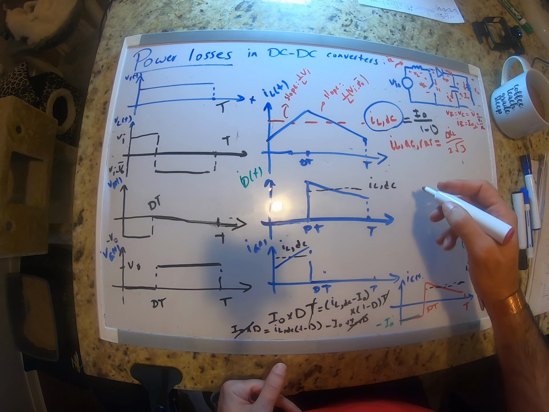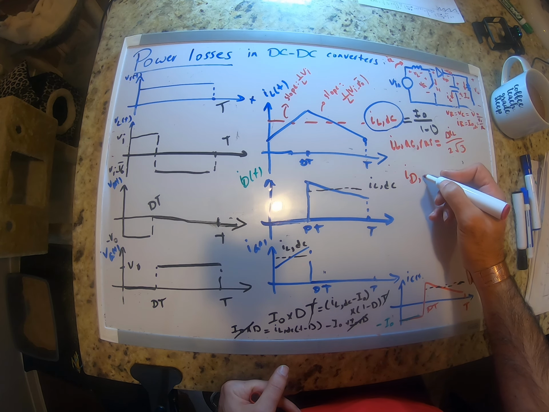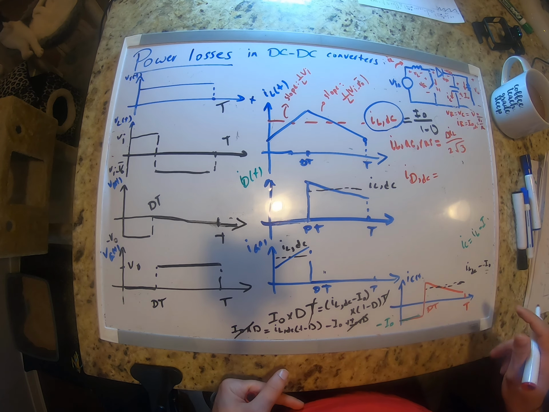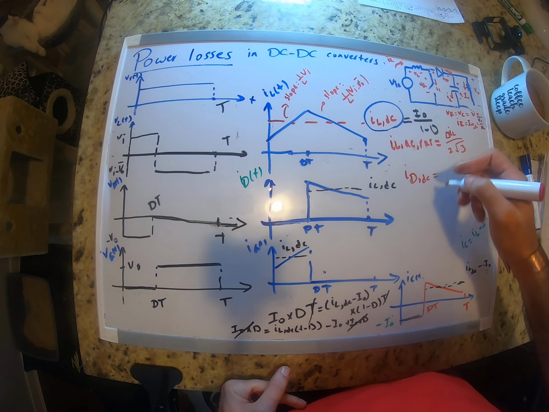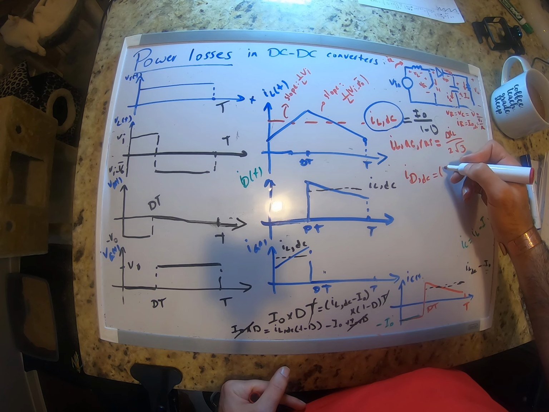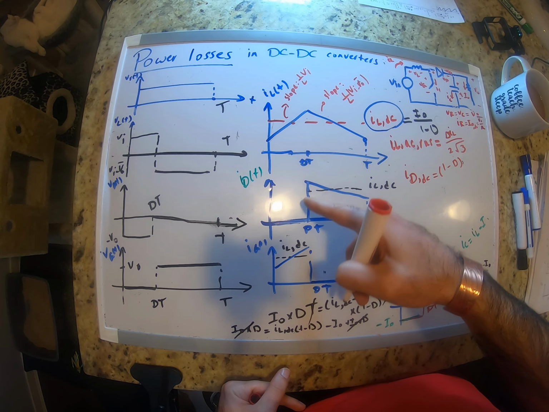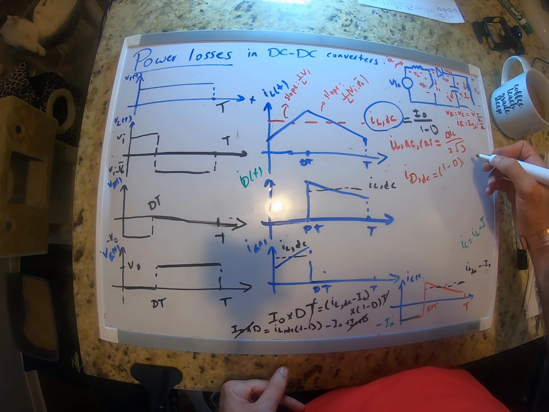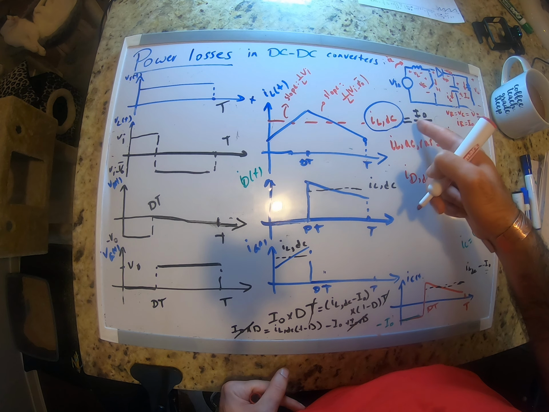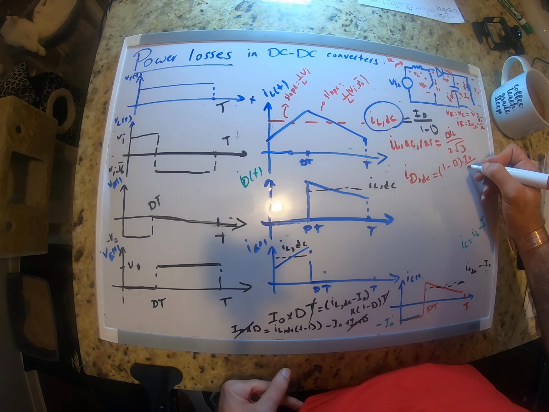Then for ID DC, this is going to be (1 minus D) times ILDC, or I can replace ILDC with IO divided by (1 minus D), so this cancels out.